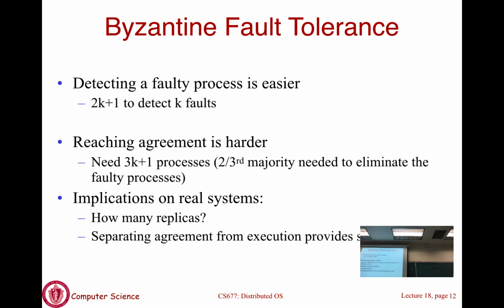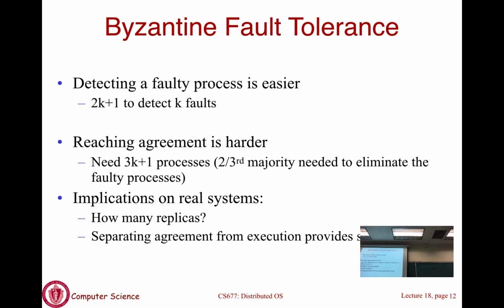And we ended up with the Byzantine generals problem, where I showed some examples that to tolerate F faults where the failing nodes are Byzantine faulty, you essentially need 3F plus 1 nodes. That's the degree of replication that you will need.